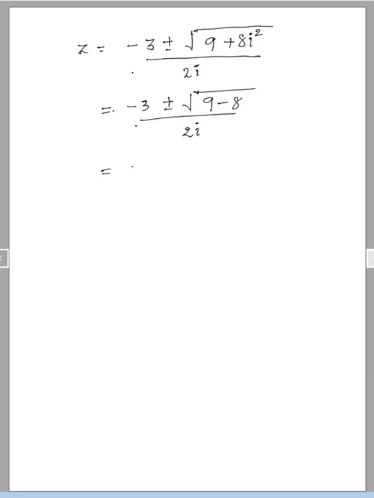So minus 3 plus or minus root of 9 minus 8, which is 1, root 1 is nothing but 1, all divided by 2I.